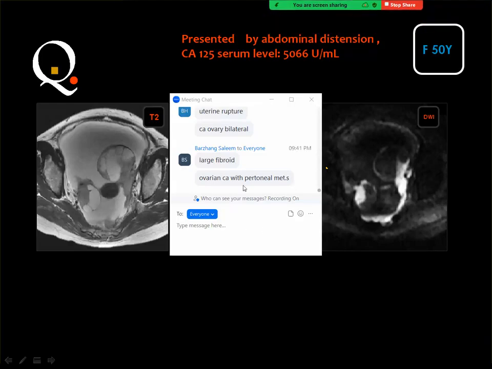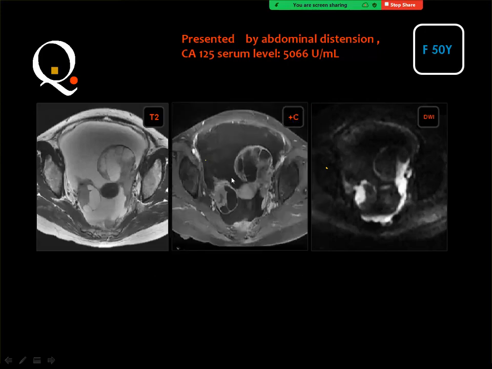Yes, ovarian cancer with peritoneal metastasis, good answer. And you got two ovarian masses actually, and these ovarian masses are partly cystic and partly solid. Also on the right side, you got a cystic and solid component.